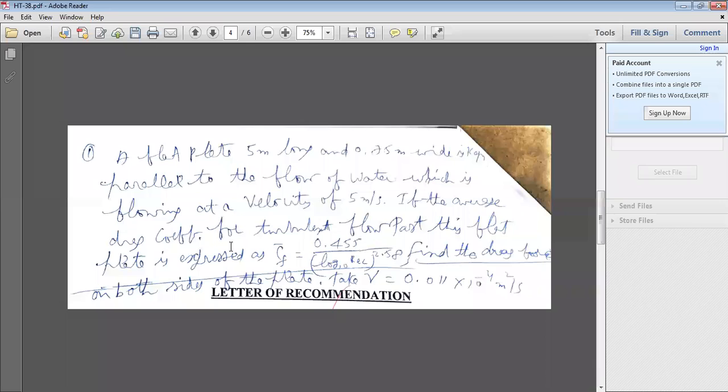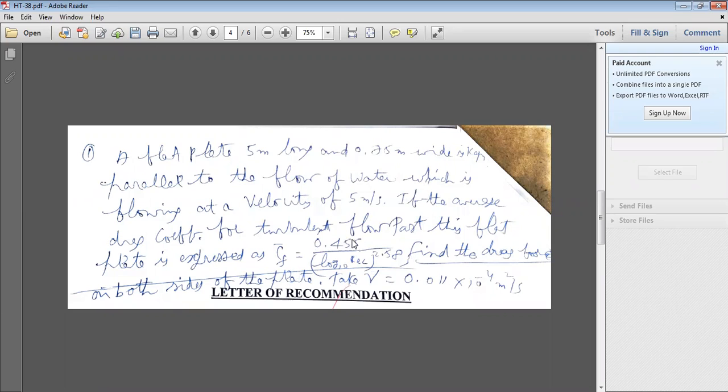The average drag coefficient for turbulent flow past this flat plate is given by this formula. You have to calculate the drag force FD on both sides of the plate. Kinematic viscosity nu is given as 0.011 into 10 power minus 4 meter square per second.